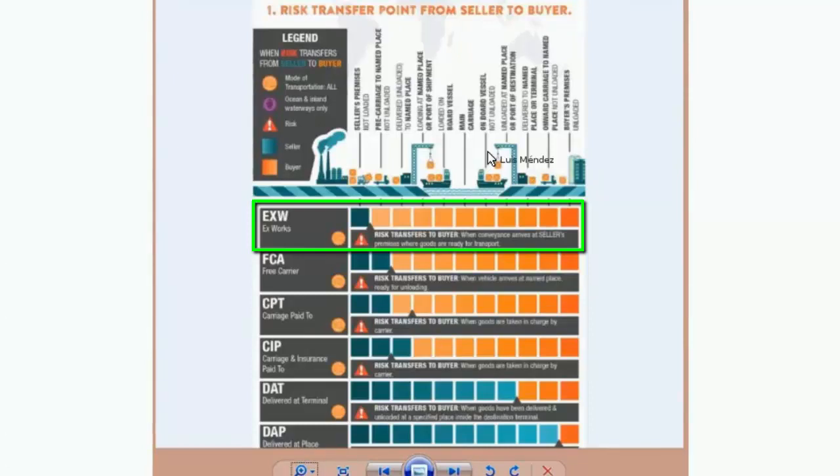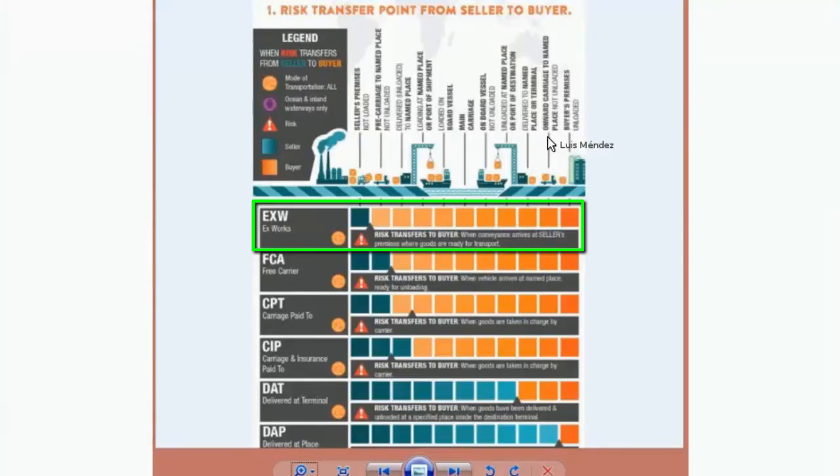So first we have the exports, that is the basic one. It means the product risk transfer. The seller is going to transfer the risk, or he's going to be responsible for the goods until seller premises and not loaded.